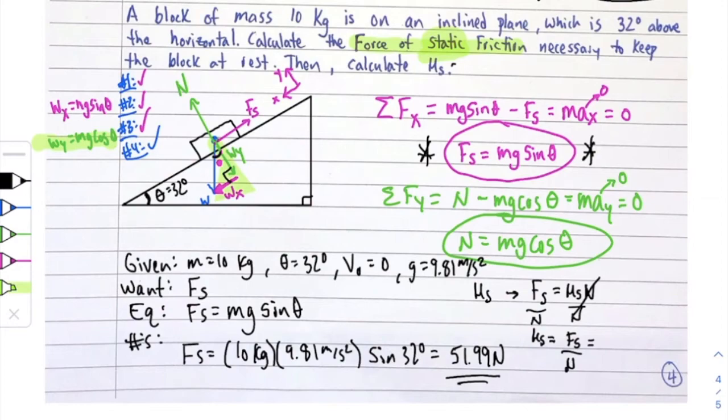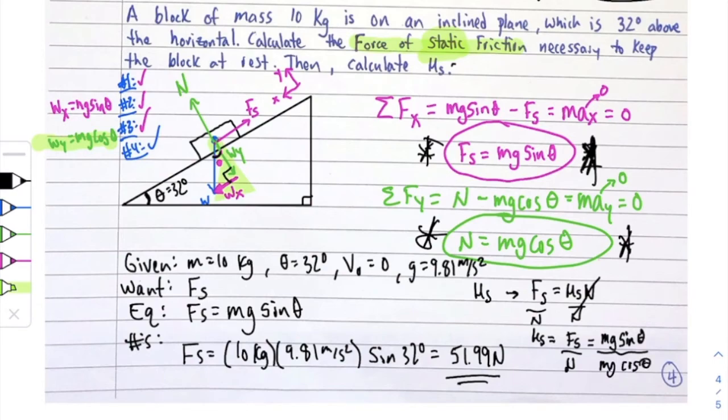Okay, well, Fs is equal to mg sine of theta from right up here. And our normal force, we have an equation for that right here. So normal force is mg cosine of theta.